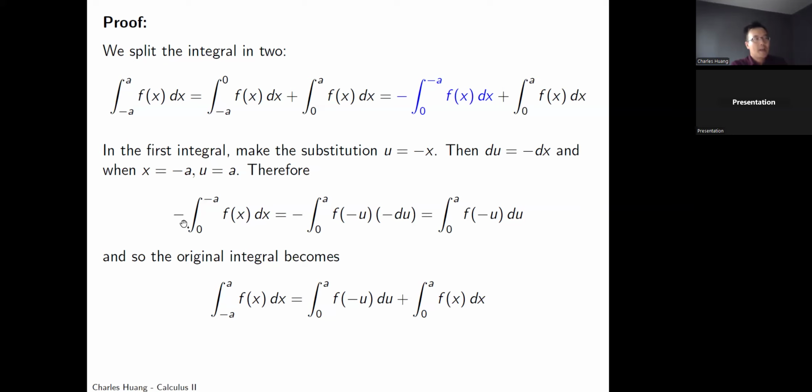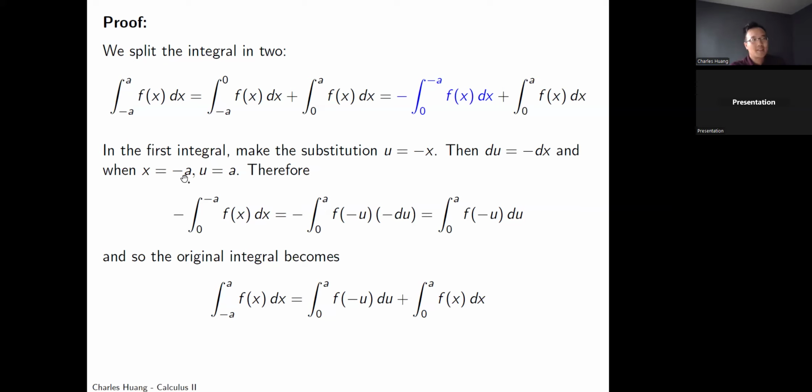And once we have the negative a, we can do some substitution. It's kind of cool. If I substitute, the 0 stays the same, but the top will change.